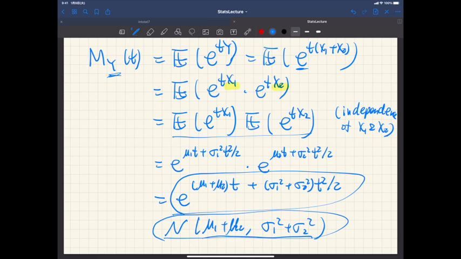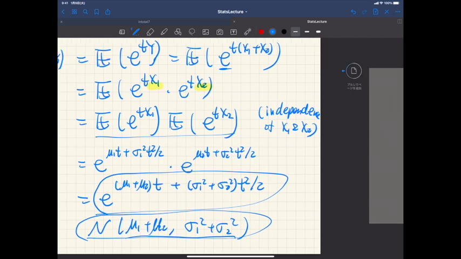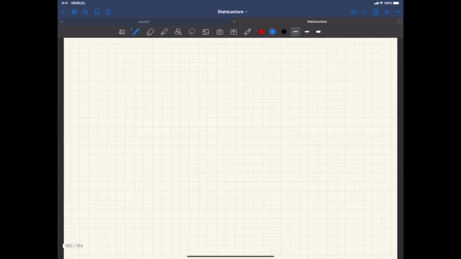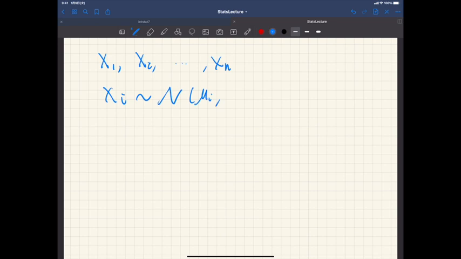Okay. And similarly, if you have more random variables, x1, x2, up to xn, that all follow normal distributions with mu i and sigma i squared, then define a new random variable y as the sum of these normal random variables.